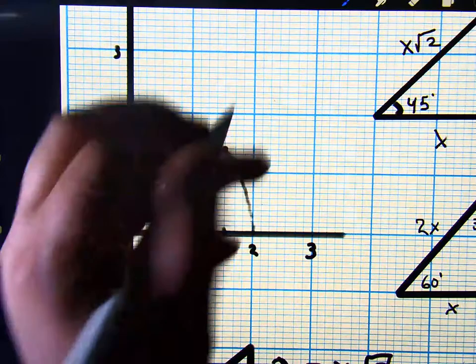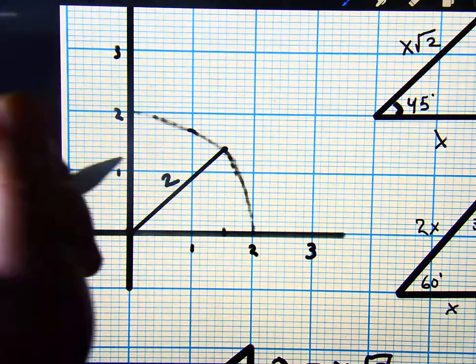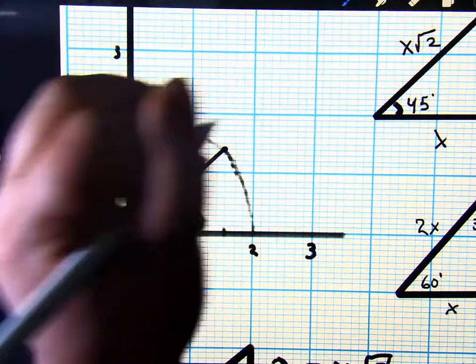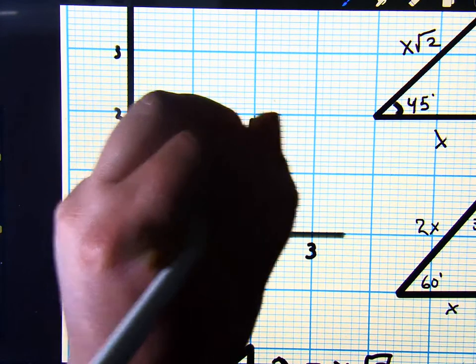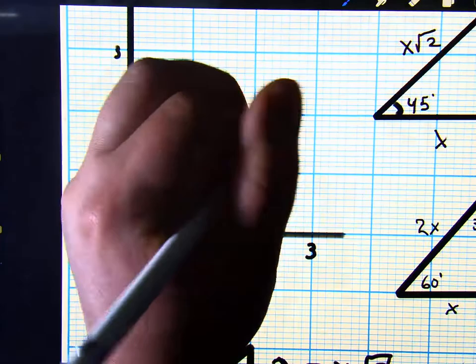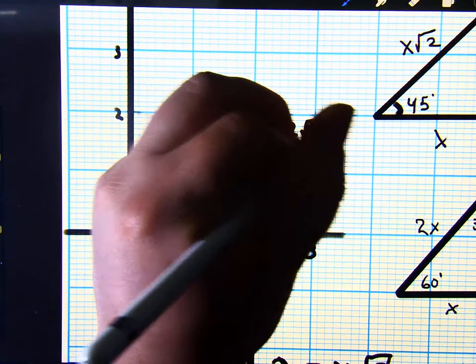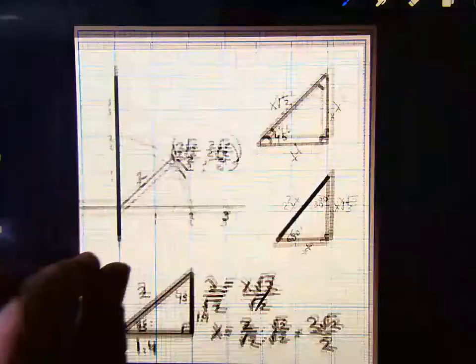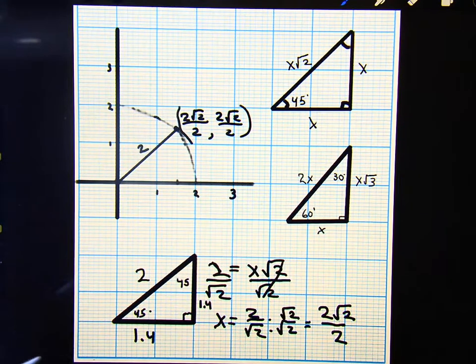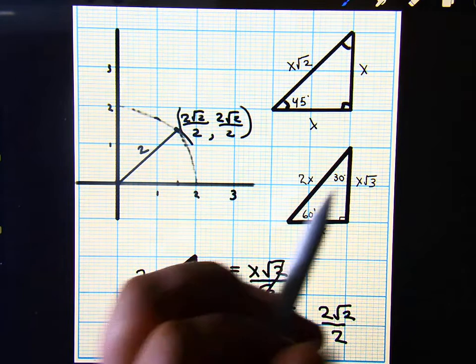My coordinates would be my cosine, or my x, which we said was 2 square root 2 over 2, and my sine, or my y, which is 2 square root 2 over 2. And that's my ordered pair. So hopefully you're starting to see a pattern here, because that is significant.